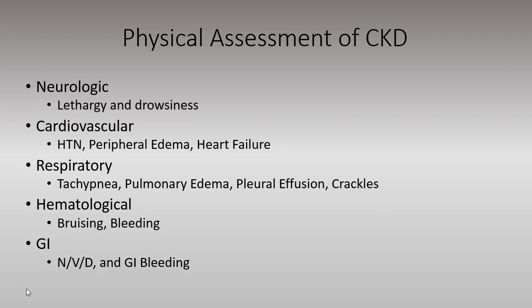With GI, you're going to have the GI bleeding because of the plasma and the platelets, and you're going to have the nausea, vomiting, and diarrhea because of the fluid overload, the hypertension, and the pulmonary edema. So it basically comes down to the kidneys not being able to filter all these things. Things get backed up, and it literally just affects every system. So if you look at it in the sense of head-to-toe assessment, what is normal becomes abnormal.